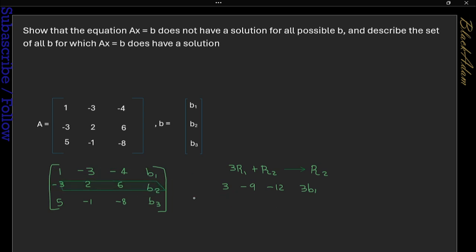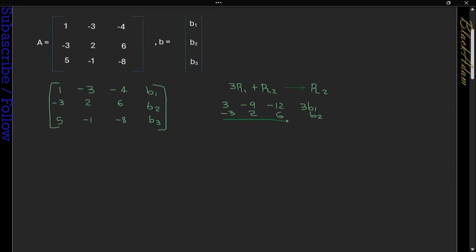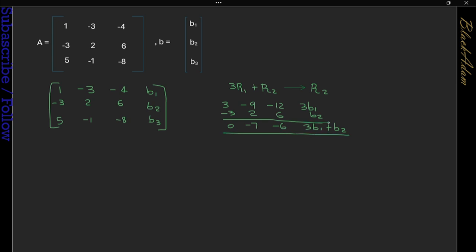Then we take row 2 as it is, which is -3, 2, 6, and b2. Then we add, so that will be 0, -7, -6, and then 3b1 plus b2, and that will be row 2.